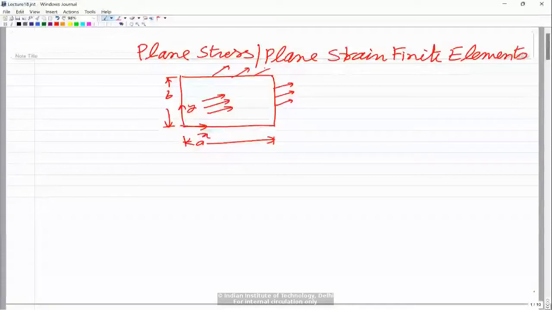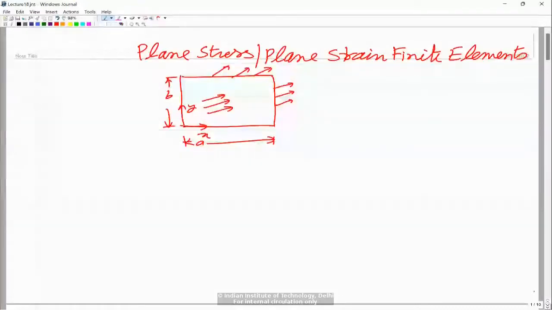So basically the whole structure is in the xy plane and the thickness is along the z direction, that is normal to the screen. And the forces are also acting along the x and y direction. The simple example you can think of is a hanging screen.